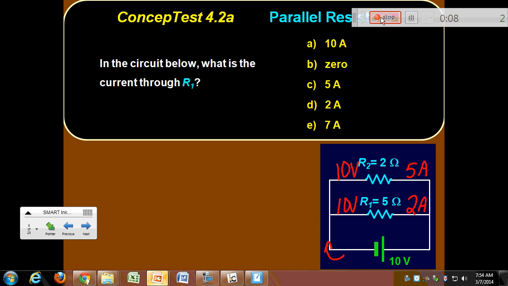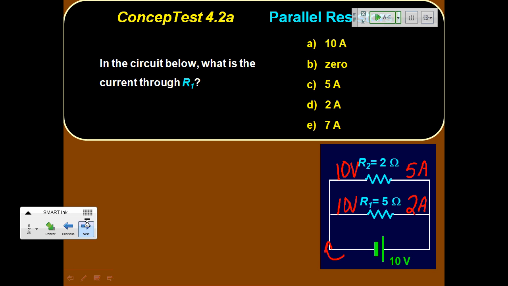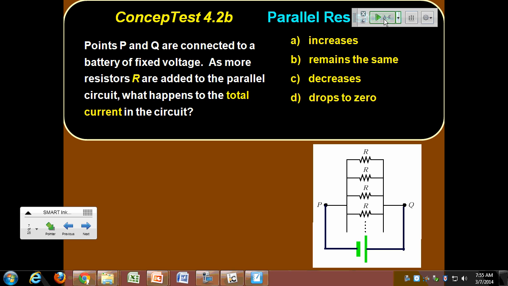I'll stop at 35. All right, points P and Q are connected to a battery of fixed voltage.